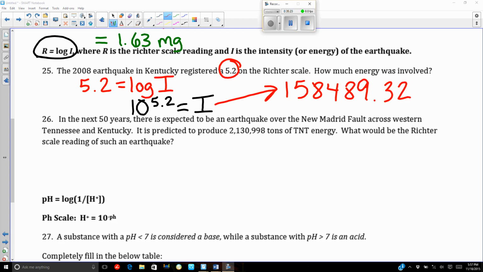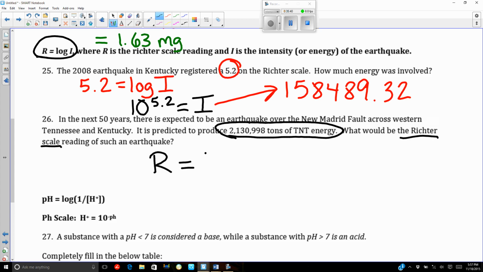For 26, we're going the opposite direction. It tells us in this problem it produced this amount of energy. It wants us to find the Richter scale reading. So in this particular problem, we're solving for R, and they give us I. So this is just as simple as inserting that huge giant number in for I and typing in the calculator log of 2,130,998.